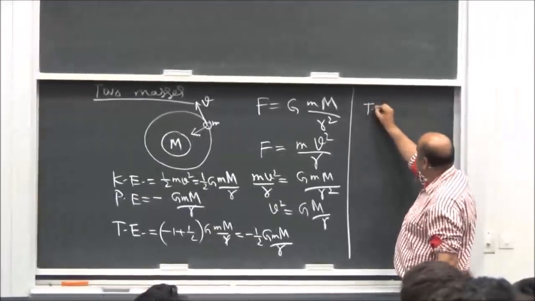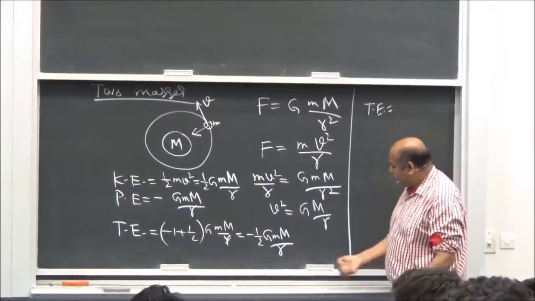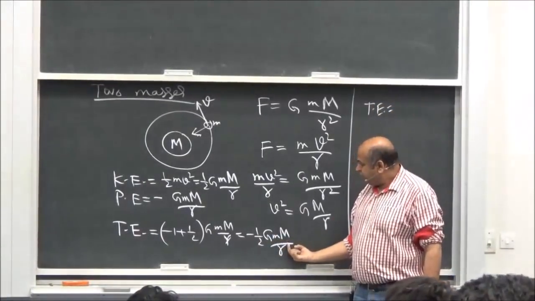So total energy is equal to minus half GMm over r, और ये क्या है?